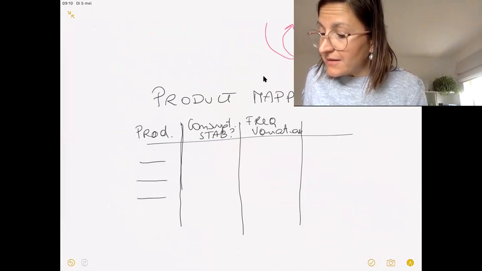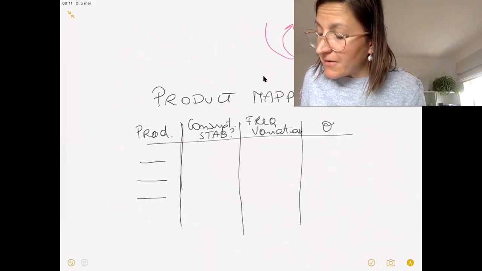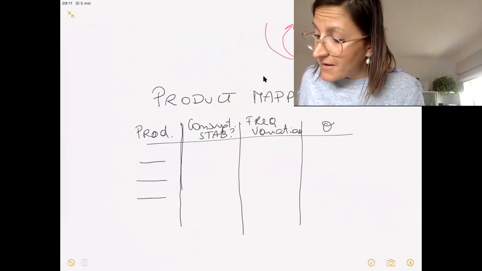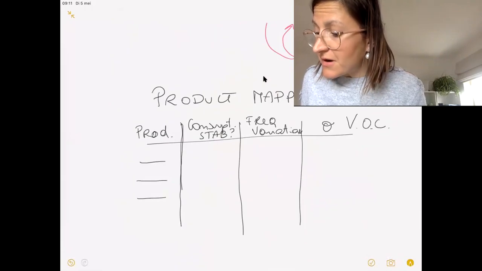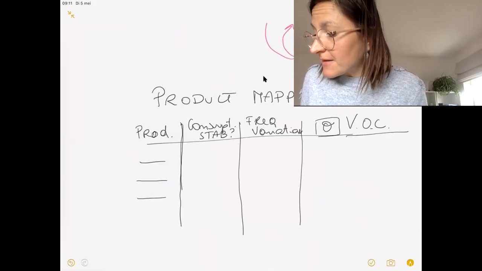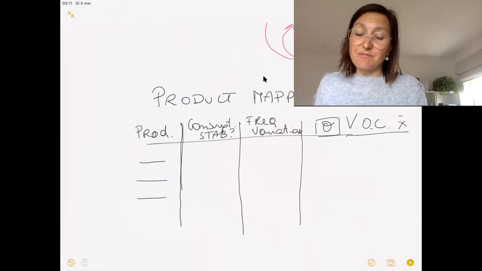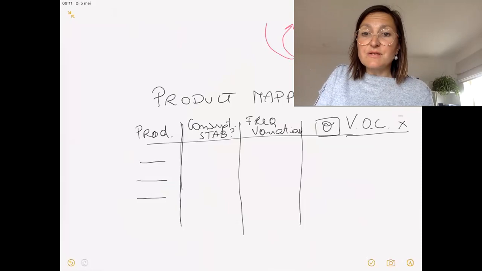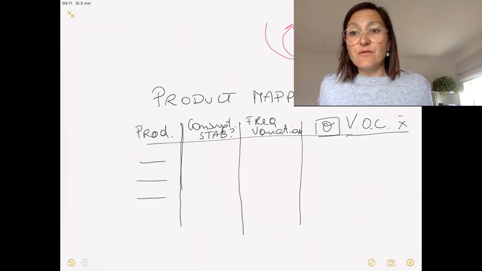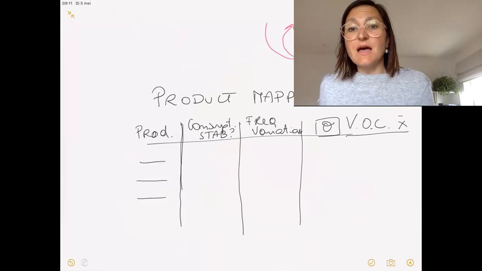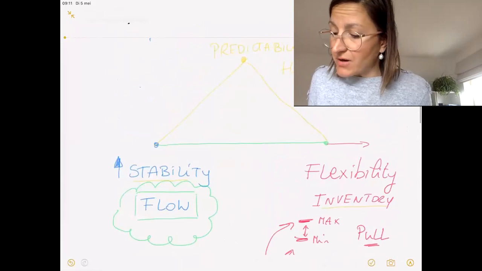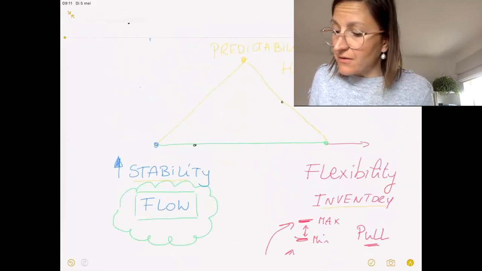So probably these things like what's my consumption, what's my customer demand, right? What's my voice of customer, and what is the average, and what is the spread? What's the average and what is the spread? That will help you to decide where you want to be in this triangle, right? What do you need? Where do you want to be?